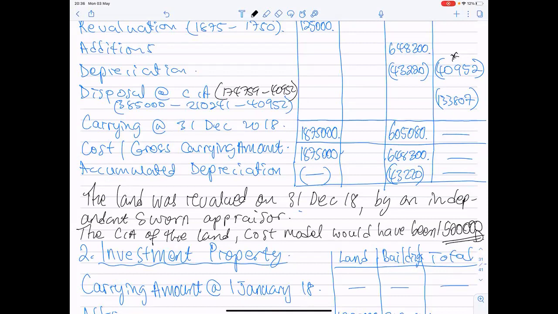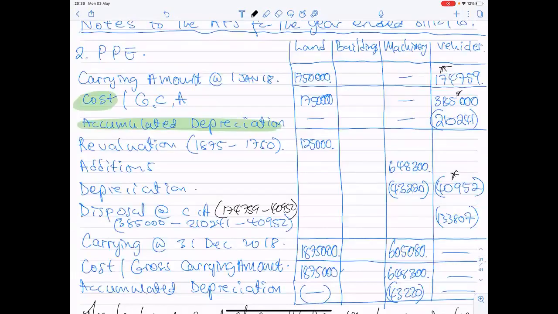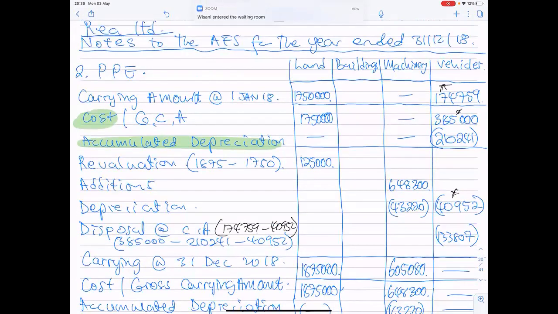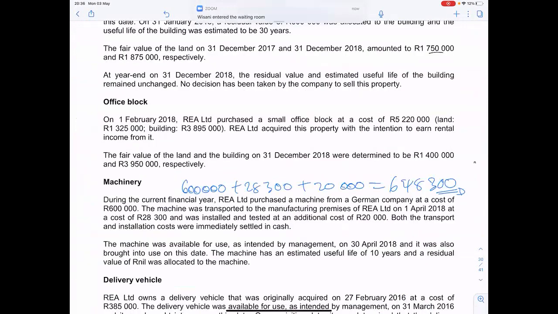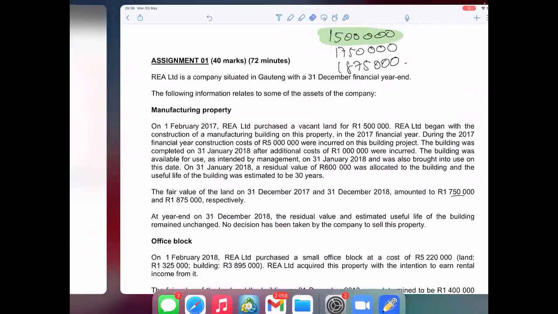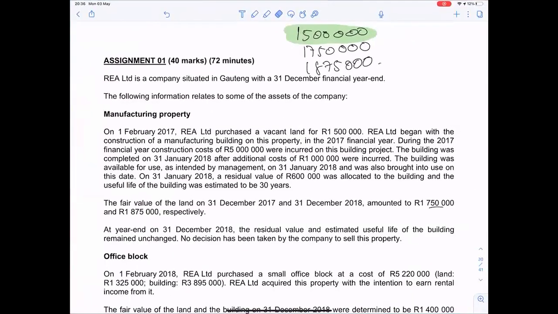Questions, additions, or subtractions? In the absence of any, let's go to the buildings. Now, the buildings, what happened? Now, our buildings, they began construction in the 2017 financial year.